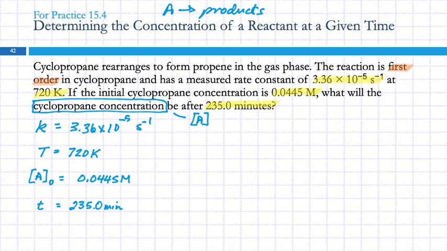So the first order integrated rate law is the natural log of A is equal to negative k times t plus the natural log of the initial concentration. So we were given k, we're given the initial concentration, we're given t, we're given all the variables on the right side, and we're trying to find A.